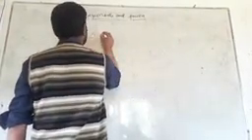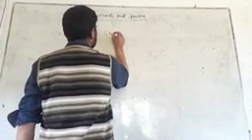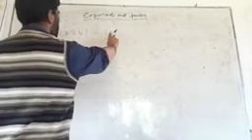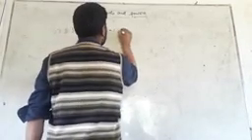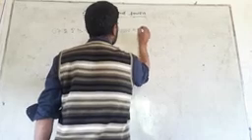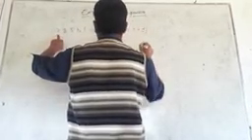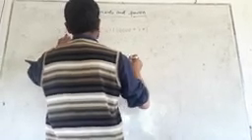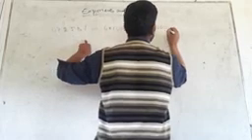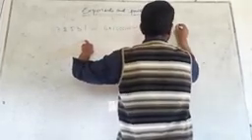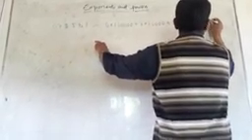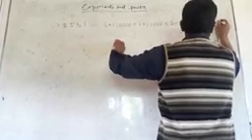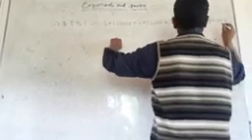First we write it in expanded form, that is 6 into 1 followed by 5 zeros, plus 7 into 1 followed by 4 zeros, plus 2 into 1 followed by 3 zeros, plus 5 into 1 followed by 2 zeros, plus 3 into 1 followed by 1 zero, plus 1.